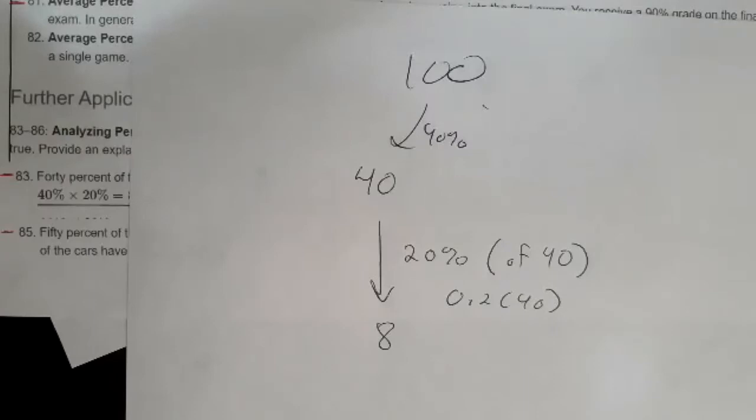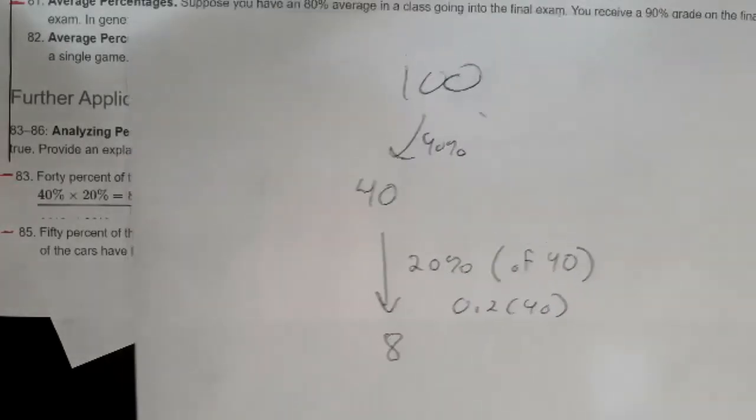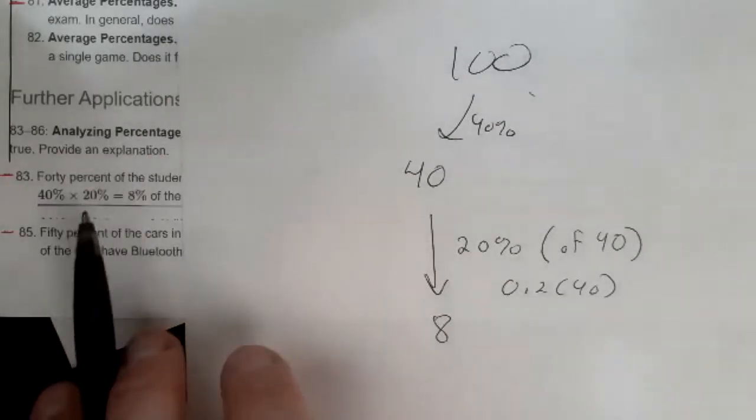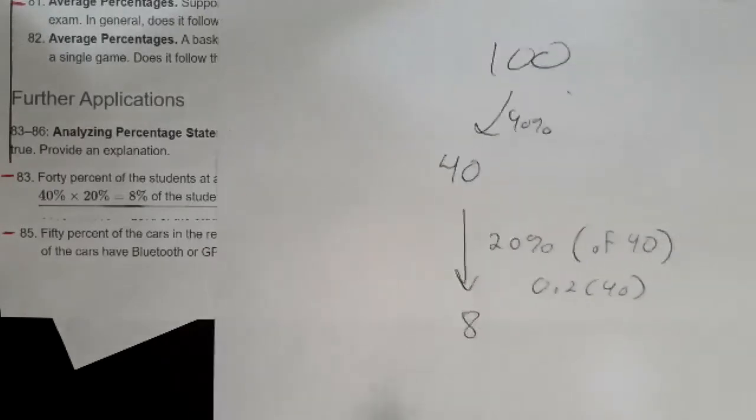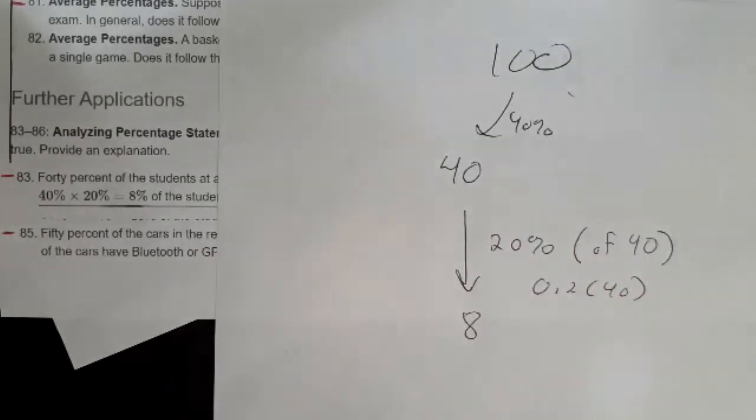And we could do this with a bunch of different numbers. But guess what? 40% of 20% or 20% of 40% is going to give you 8%. So this one, they're actually doing things correctly. I don't know how else to do it.